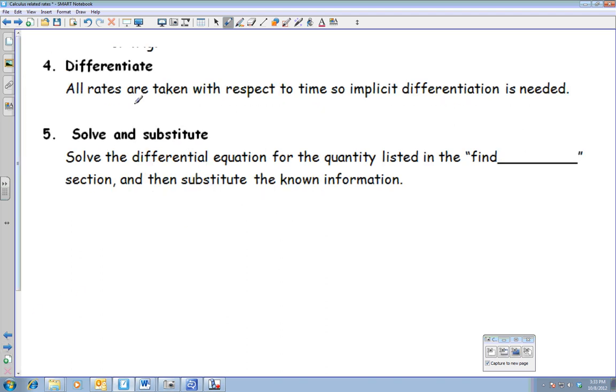Step 4, we're going to find the derivative. All rates are taken with respect to time, so implicit differentiation is needed. Okay, so for example, if I had, let me get my pen, just write this down someplace on your paper.